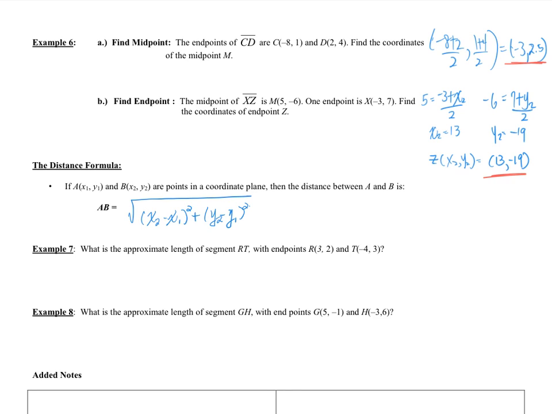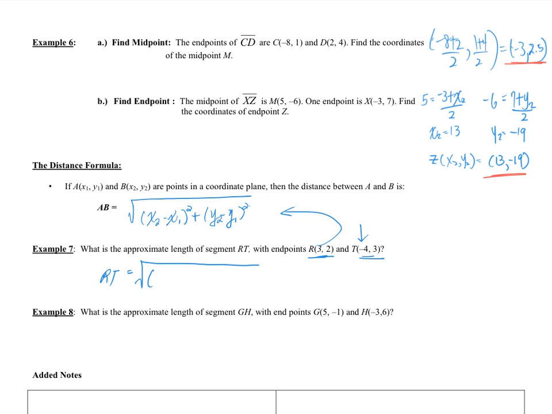Example 7. What is the approximate length of segment RT with endpoints R 3, 2 and T negative 4, 3? So we just have to substitute these points into this formula. So I will let this be the first point and this be the second point.